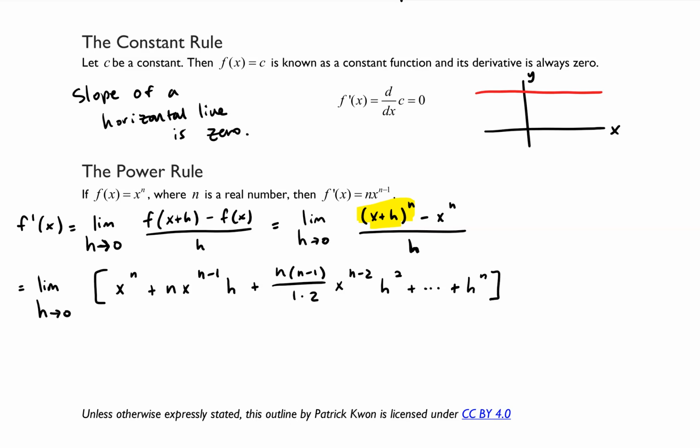So it's this really long polynomial depending on what n is, and then we're going to subtract off x to the nth, and that is all over h.